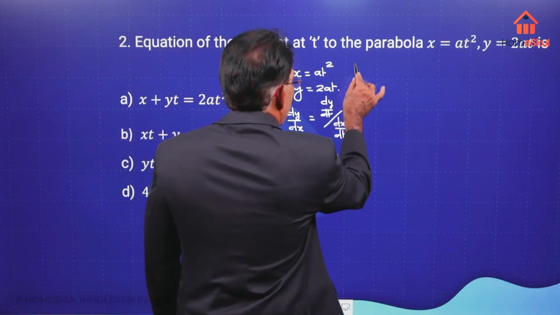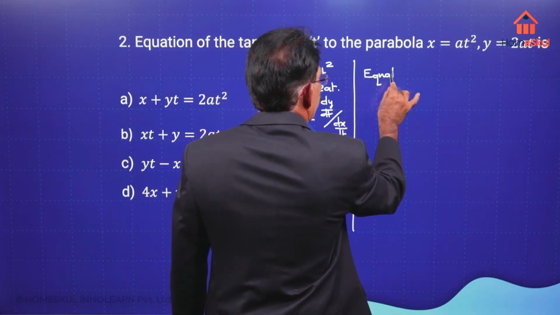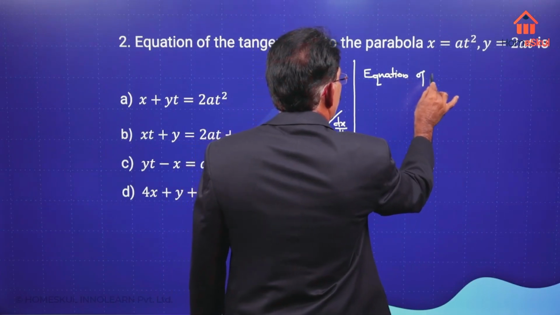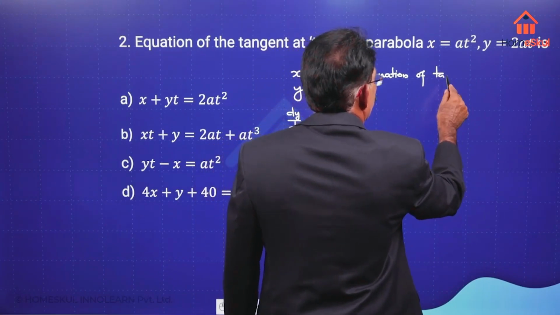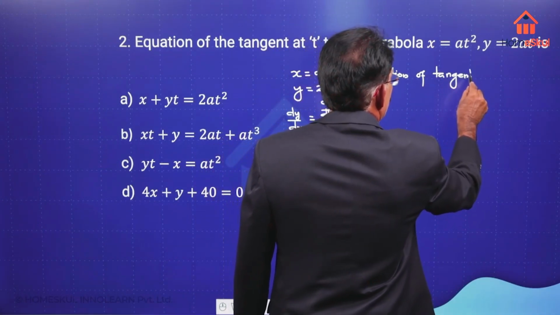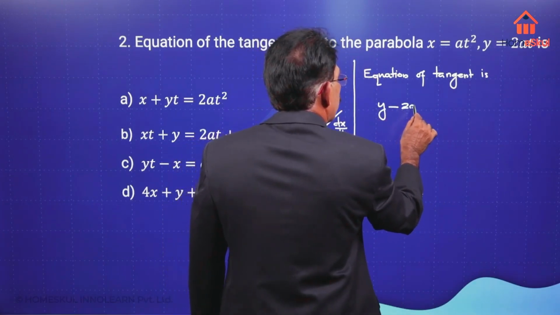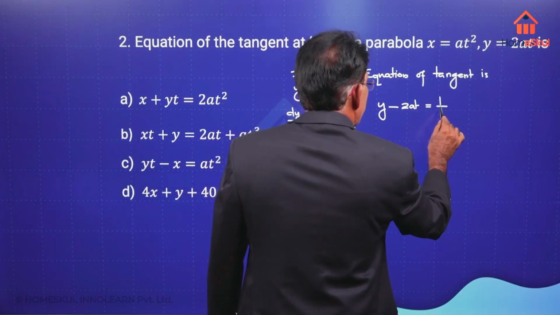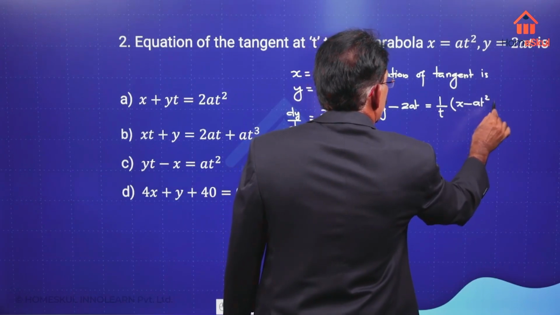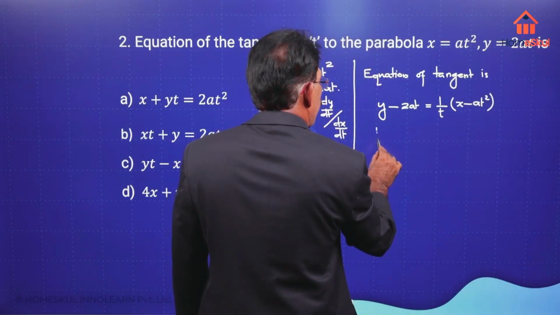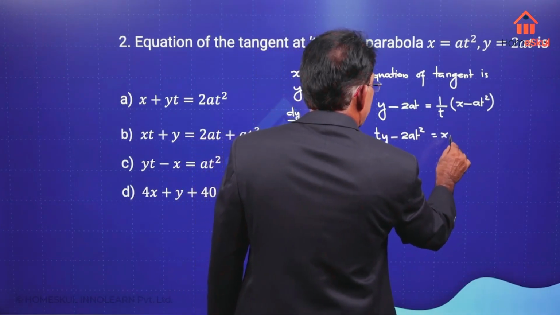And the equation of the tangent is y minus y1, that is y minus 2at, is equal to m into x minus x1, that is 1 by t into x minus at square. So this gives ty minus 2at square is equal to x minus at square.